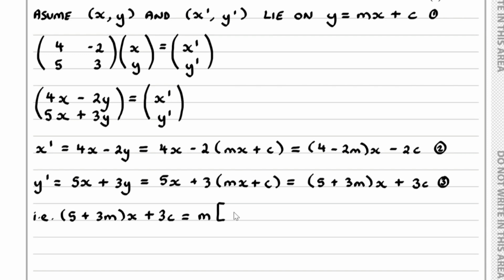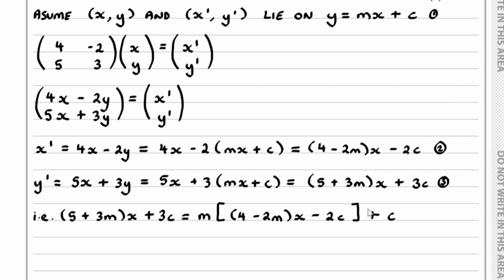That's 4 minus 2m x minus 2c. And then we have another plus c.